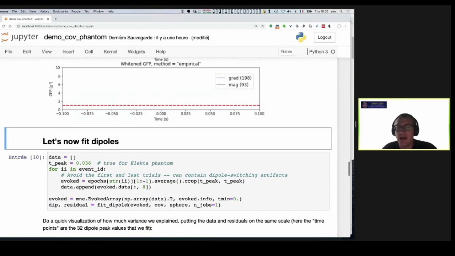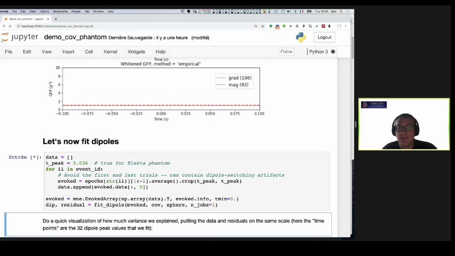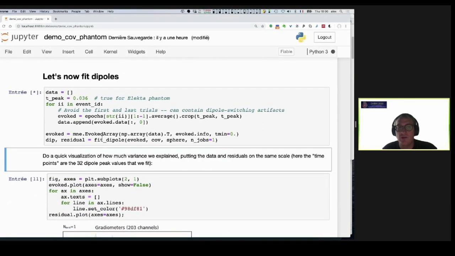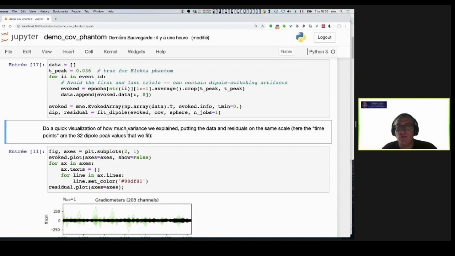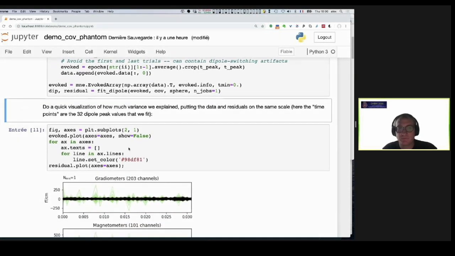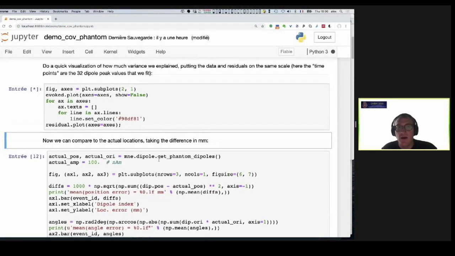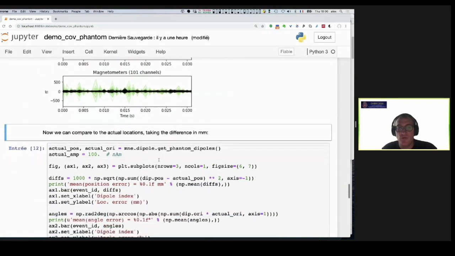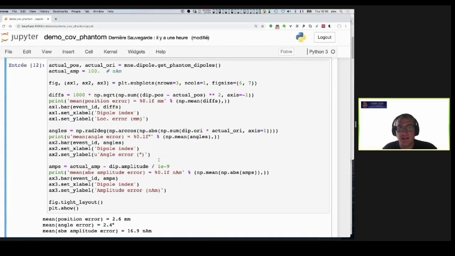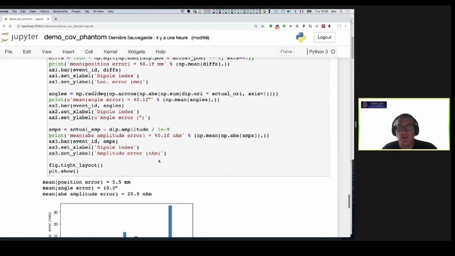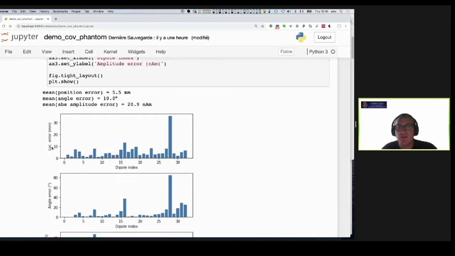Now let's see what's the impact in terms of localization of my dipole. Here I'm going to refit all of my dipoles. You can look at the residual, but what's particularly striking is the location of all your dipoles.